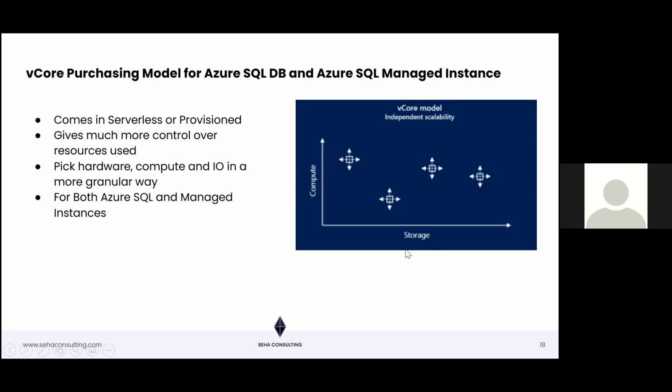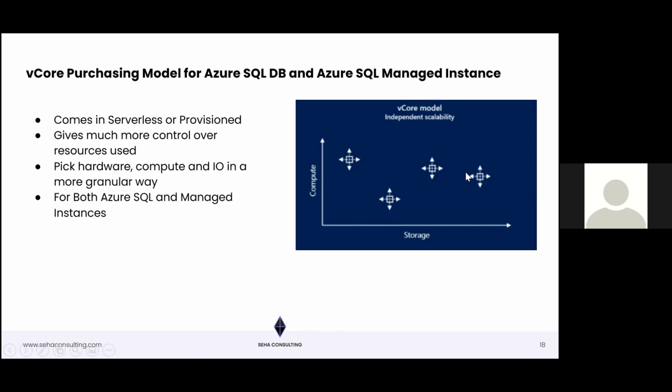To simplify it, when you're running a database, you have options to pick: do I want more compute and a little less storage, or low compute and medium storage, or high compute and relatively high storage, or really high storage but medium level compute?